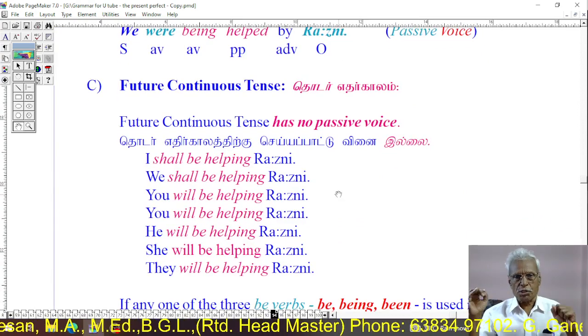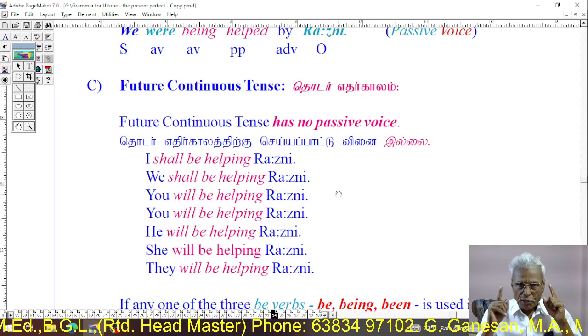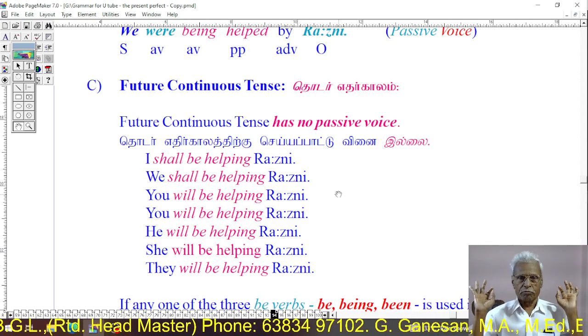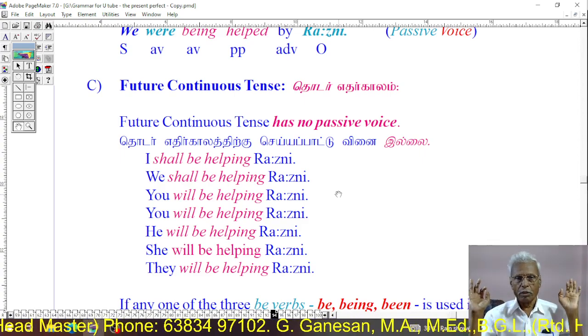Then future continuous tense. Dear students, future continuous tense has only active voice. Future continuous tense has no passive voice. Why?